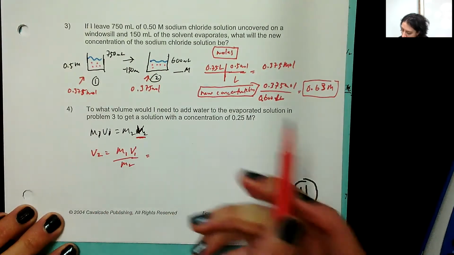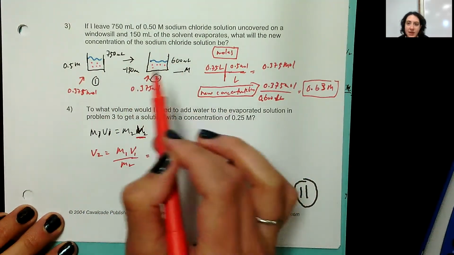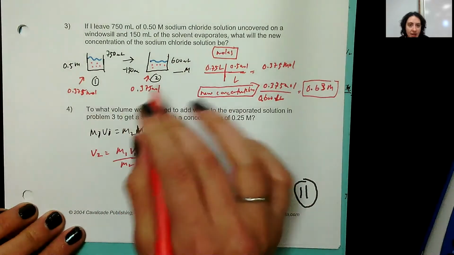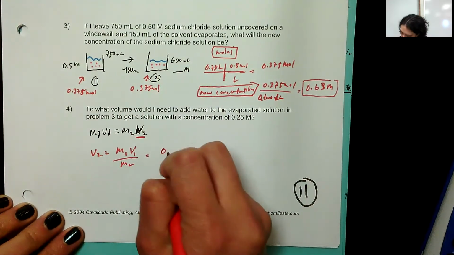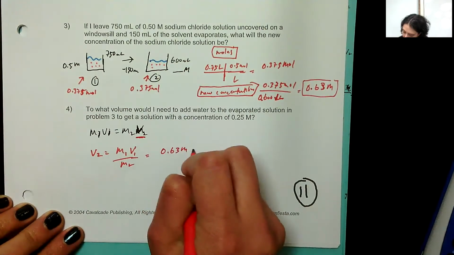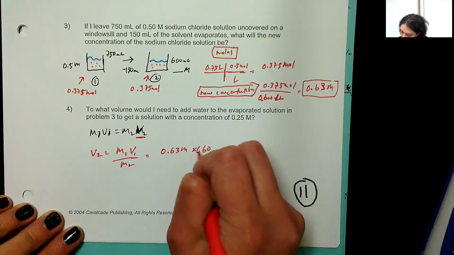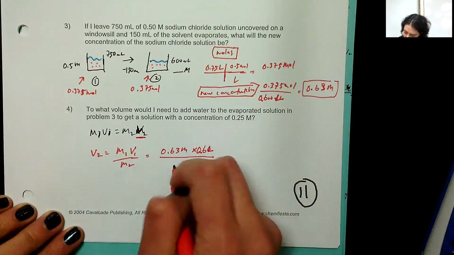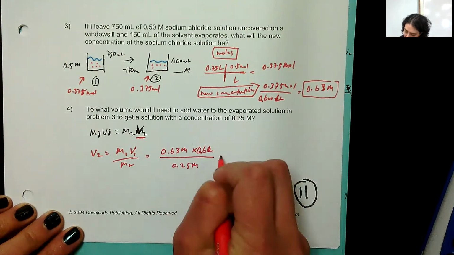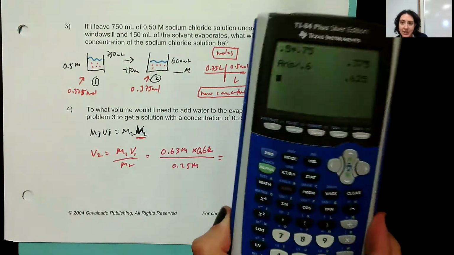So our original situation, we can go with whichever one of these we want, but let's go with this one. This is our new M1. So our concentration is 0.63 molar, and the volume is 600, so 0.6 liters. And our new concentration that we're looking for is 0.25. And we want to see what the new volume would have to be in order for this to be true. You'll notice that the molarities cancel out, so that's cool.